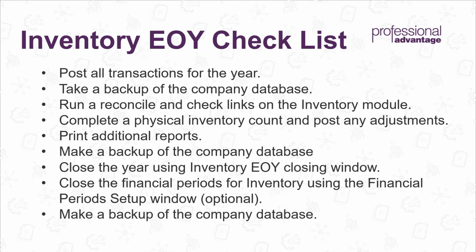Okay, for the inventory end of year process checklist, we also recommend that we run a reconcile and check links on the inventory module. Now this process can be run in GP by going into Microsoft Dynamics GP, Maintenance, Check Links, and selecting Inventory as a series from the drop-down list.